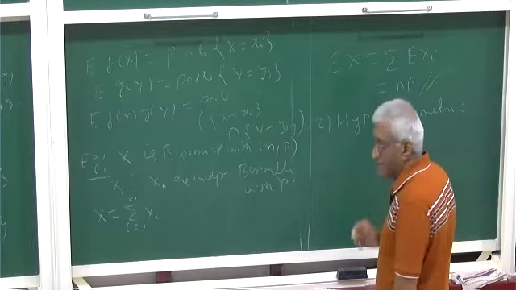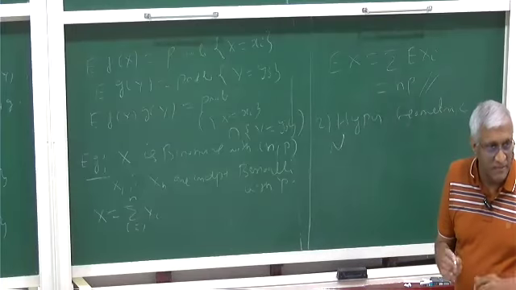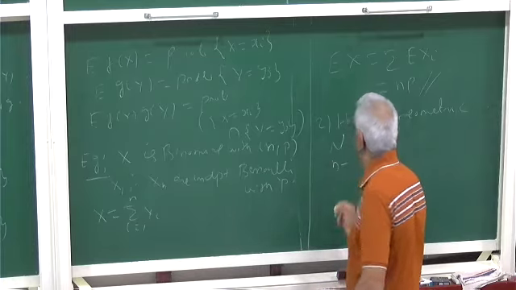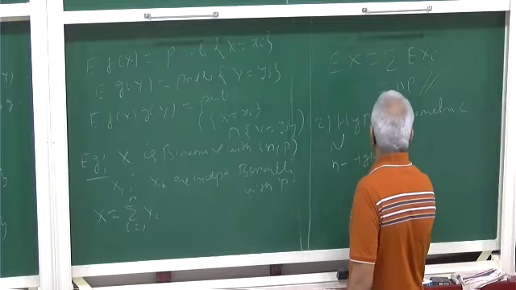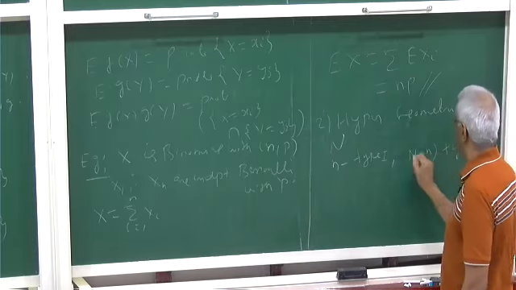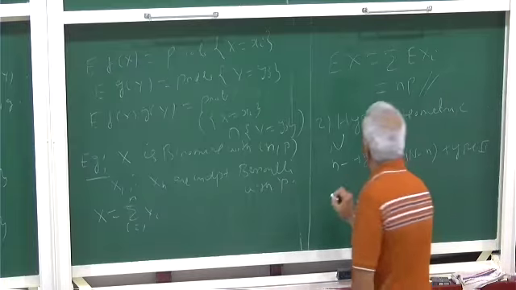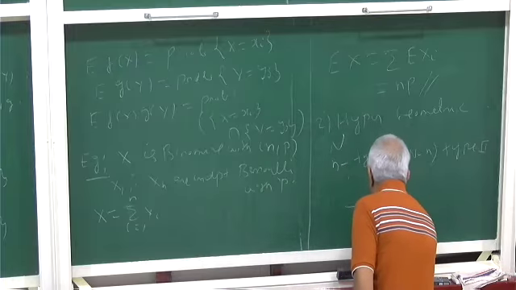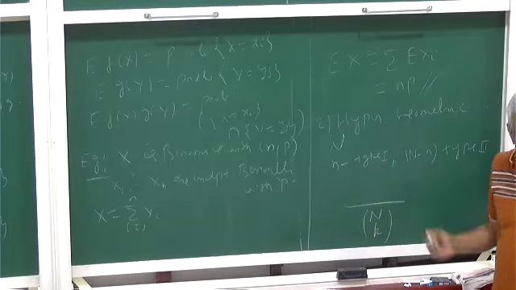Hypergeometric is what? You have N items, and out of these N, small n are of one type, type 1, and N minus n are of another type, or not type 1. Then you make a choice: from this N, you choose k of them.